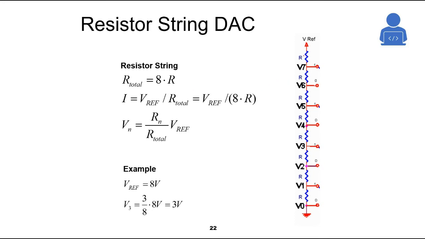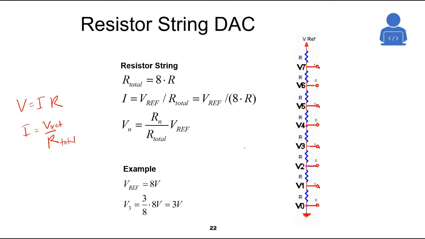We want to calculate the current I. By using Ohm's law, V equals IR, so I is V over R. V here is V reference, and R is our total resistance. So we can calculate the current flowing. We get R total as 8R.